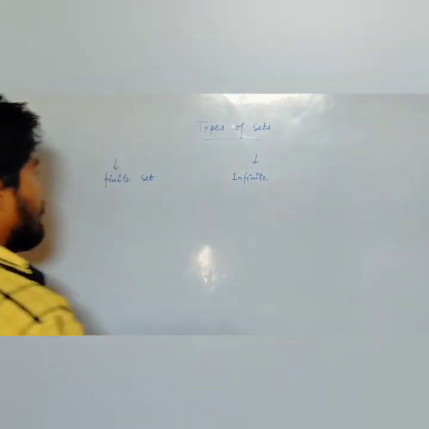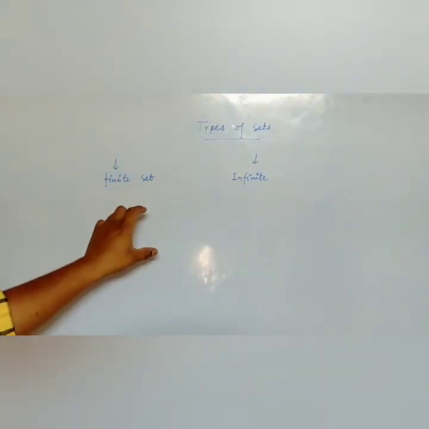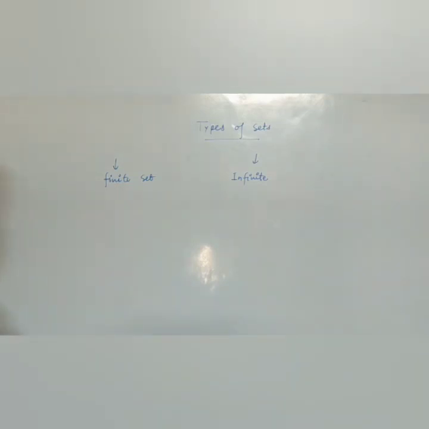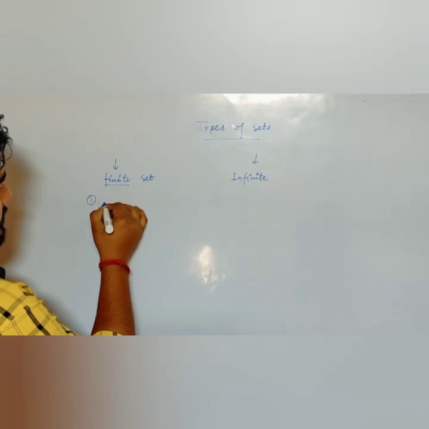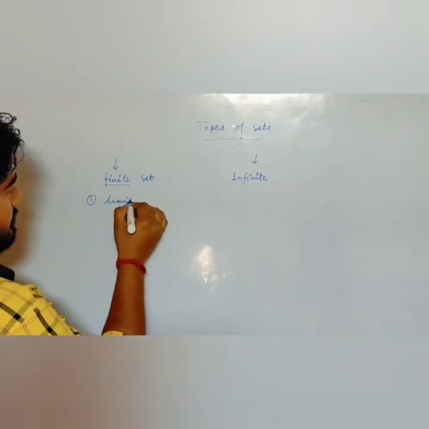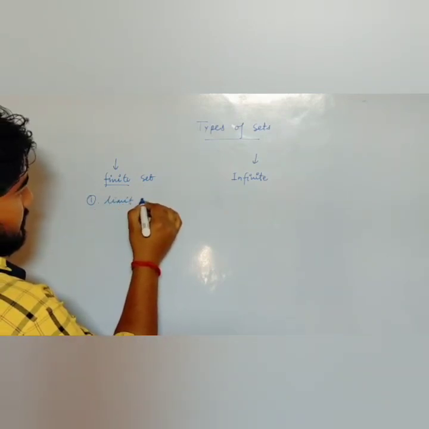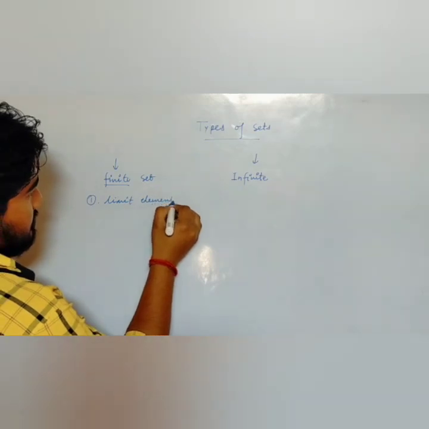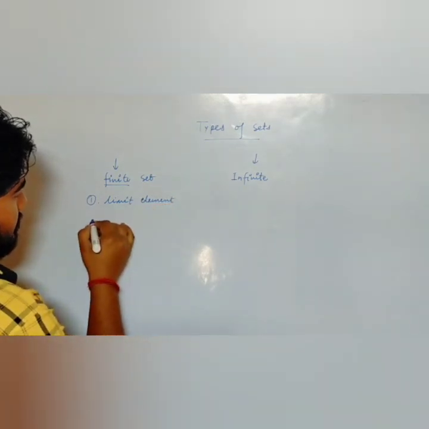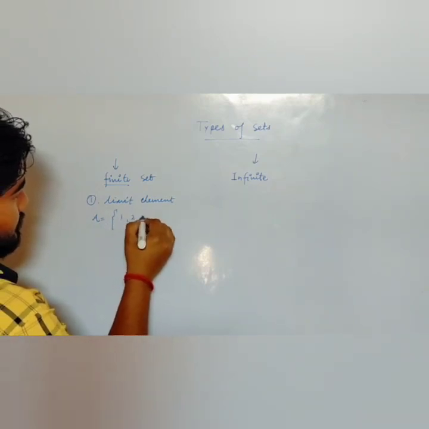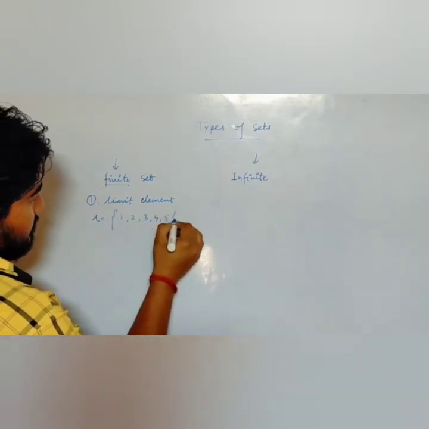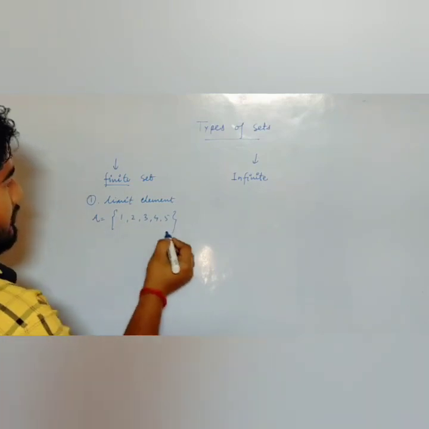Finite means limited elements. For example, 1, 2, 3, 4, 5 has a limit, only 5.